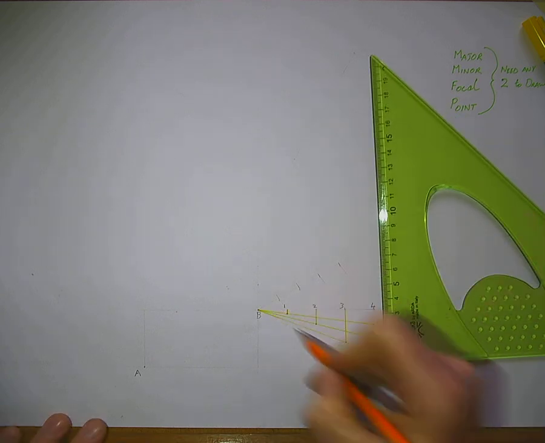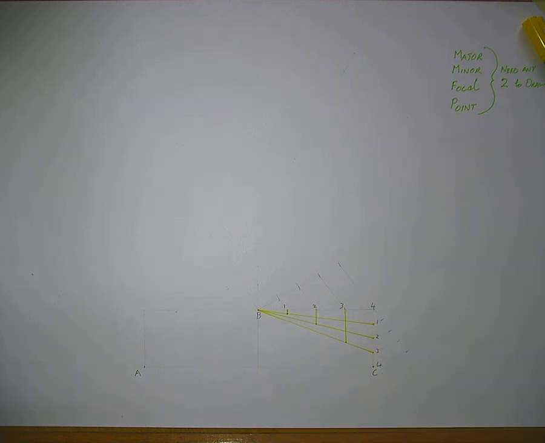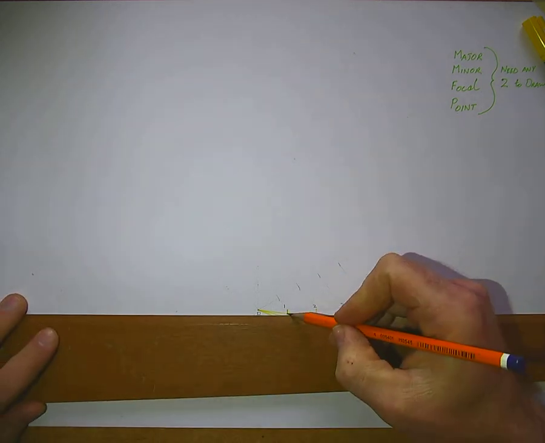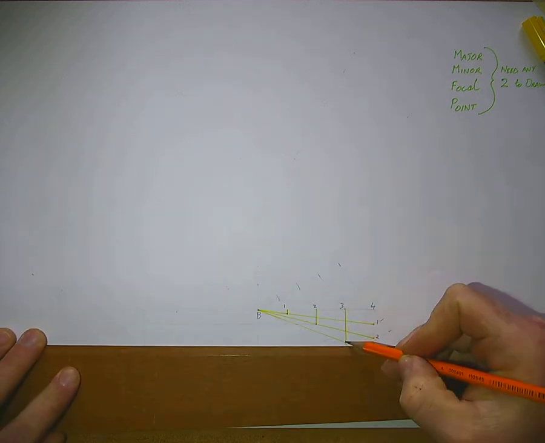Now, before we actually draw in the curve, it's easier to bring them across before you draw the curve. So just using an axial symmetry here, we're going to bring these points across our centre line.